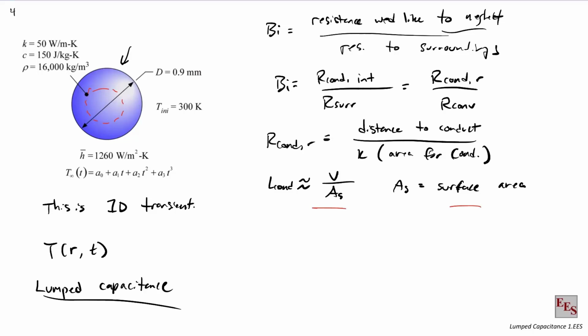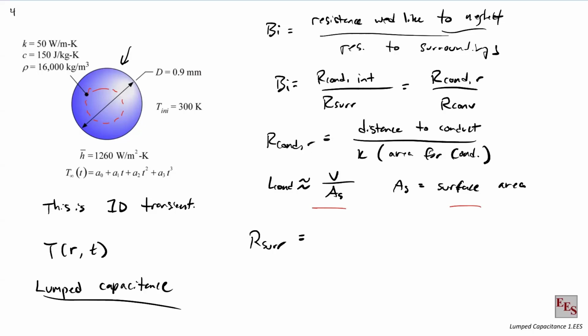All right, so let's calculate out the resistances. Let's do the resistance to the surroundings. For conduction, we have our two numbers. You just go through, L conduction is that, surface area is that. That's the formula we're going to want to use.